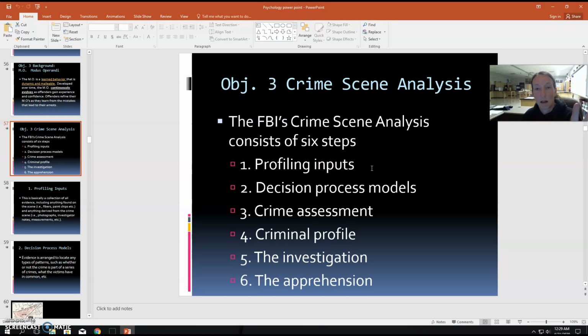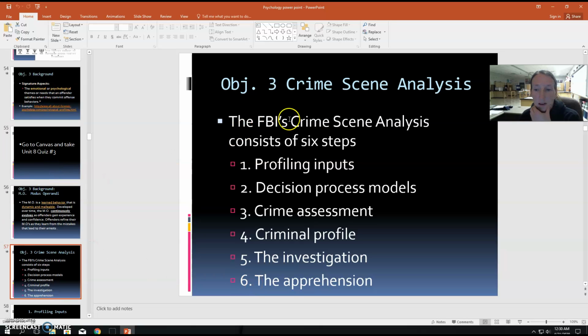And then you get to step 5, like we said, the actual investigation itself. If leads go cold in step 5, then you have to reverse and go back to step 1 and re-look at the evidence. Profiling input is just gathering all you possibly can from the crime scene. And then finally, step 6, the apprehension. So these are the 6 steps involved when the FBI is analyzing a crime scene, known as the FBI's crime scene analysis.